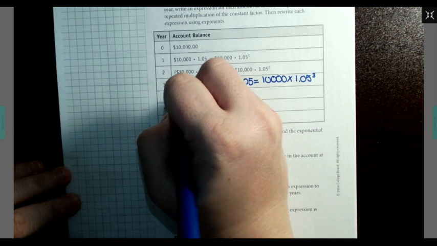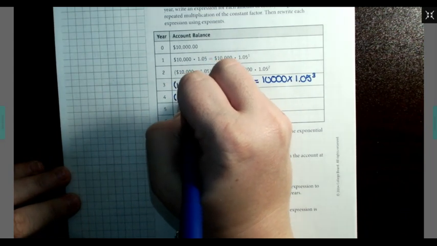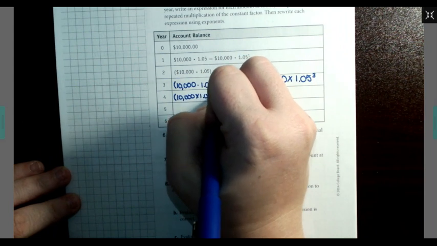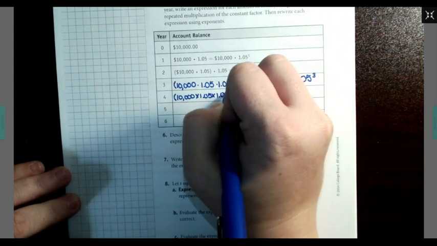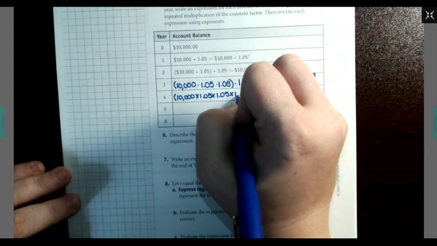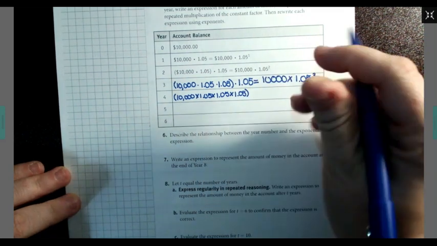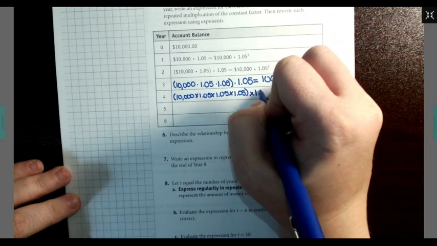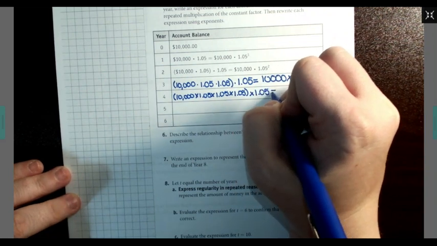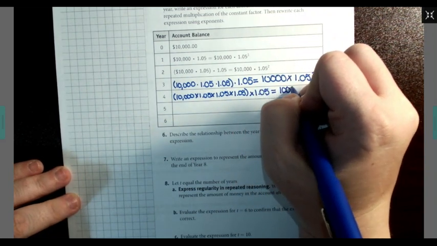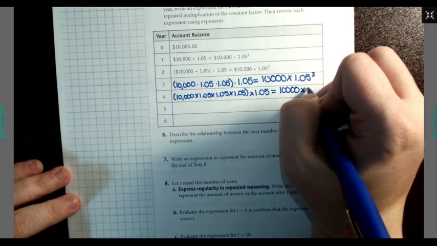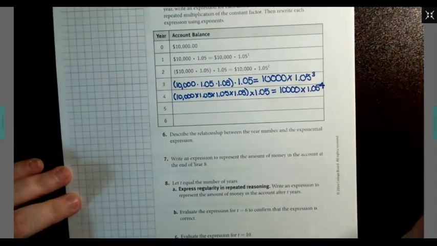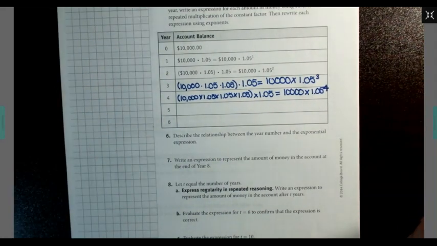Here, this would be 10,000 times 1.05 times 1.05 times 1.05. That's all from year 3, and then we multiply 1.05 again. So how many 1.05s do we have this time? 4 of them. So we would have an exponent of 4.